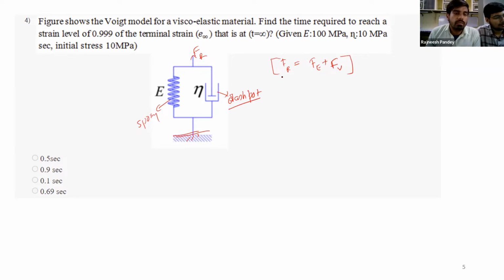On the basis of this equation we have derived the relationship, and the strain will be equal in all the cases.